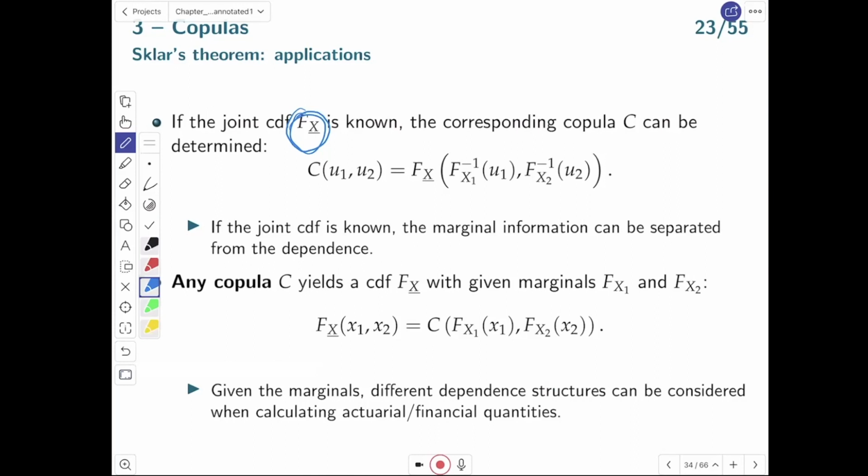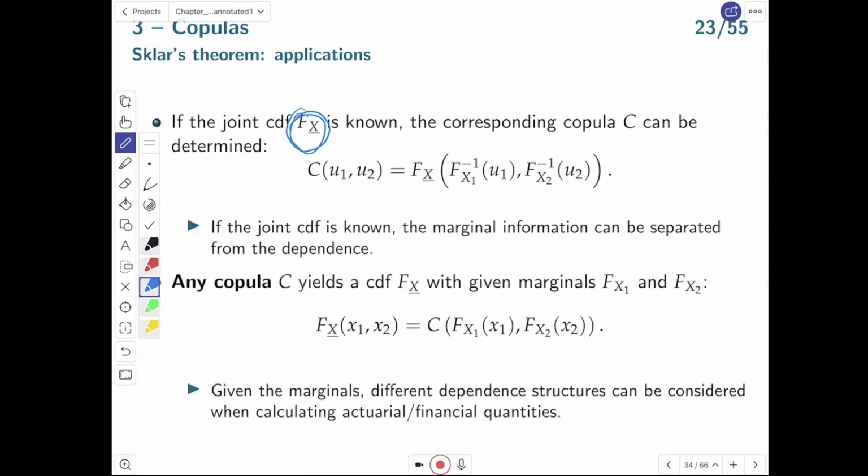Or is it because the dependence information is modeled in a different way? We now know that there are two ways that you can influence a joint CDF. So if you want to understand what is causing the joint CDF to move, you have to investigate whether it is the marginal information or the dependence information.